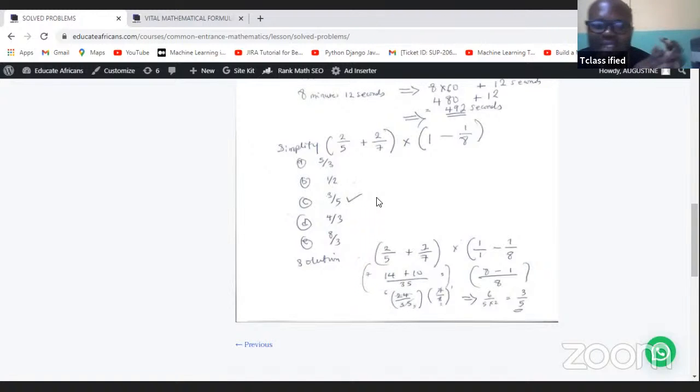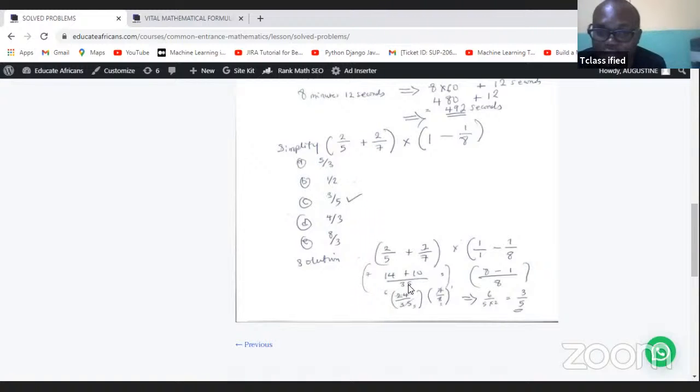The problem says simplify (2/5 + 2/7) × (1 − 1/8). When you simplify, it means to have a single fraction. The first thing you do is find the LCM of the denominators. What common number can both 5 and 7 divide? It is 35.